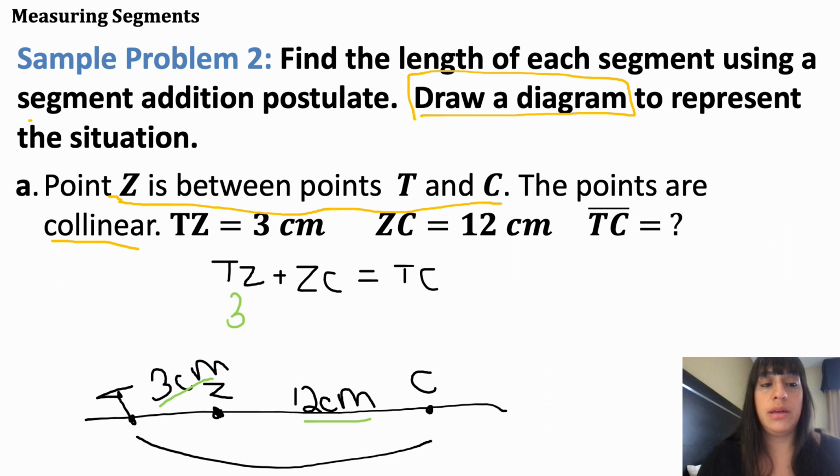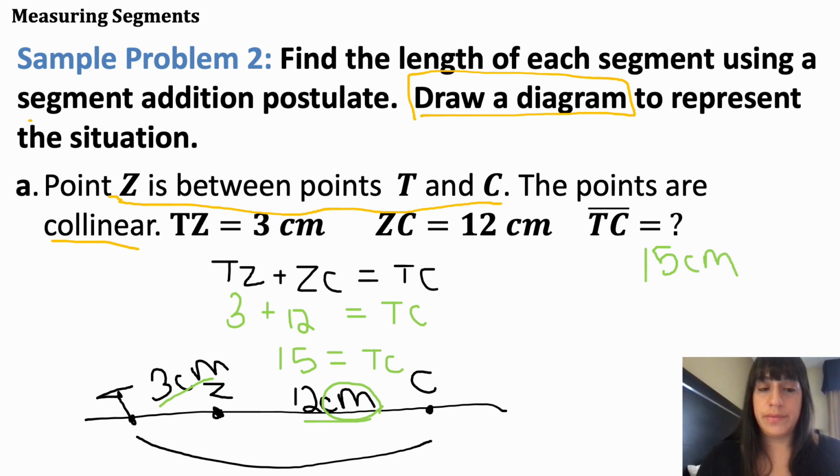So 3 plus 12 equals TC. Well, 3 plus 12 is 15. So 15 is TC. And then don't forget we want to include our units. So over here our final answer, 15 centimeters.